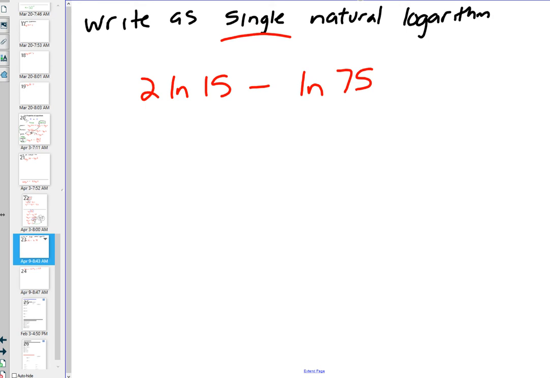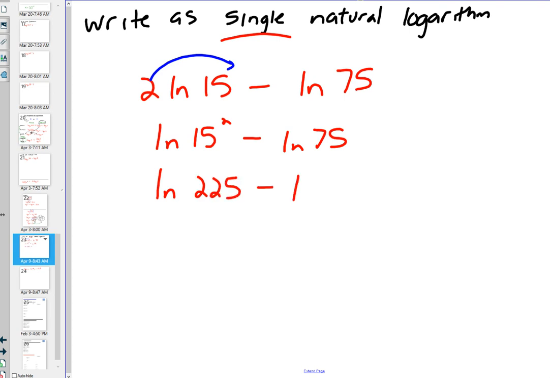Power property. I can use power property to say, okay, Mr. 2, we don't like you, I'm going to move you up here. Let's say ln of 15 squared minus ln of 75. 15 squared is 225. Now I have same coefficient. I have a base.